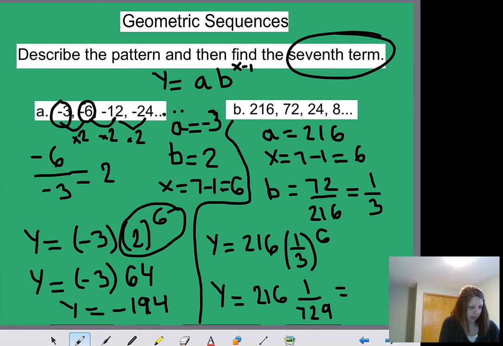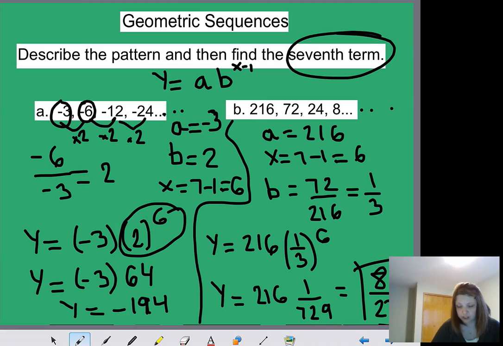When you multiply this times 216, you will get 8 over 27, the simplest form, and that will be 8 over 27 will be the 7th term here in this sequence.